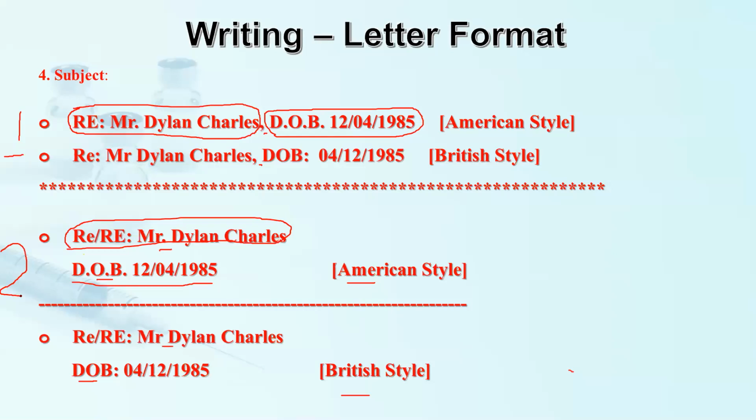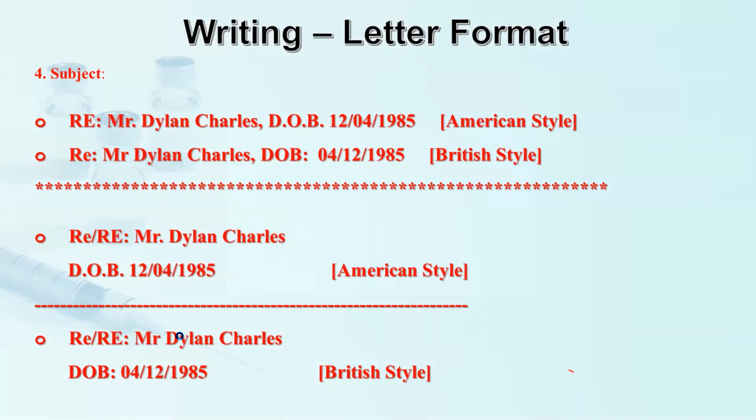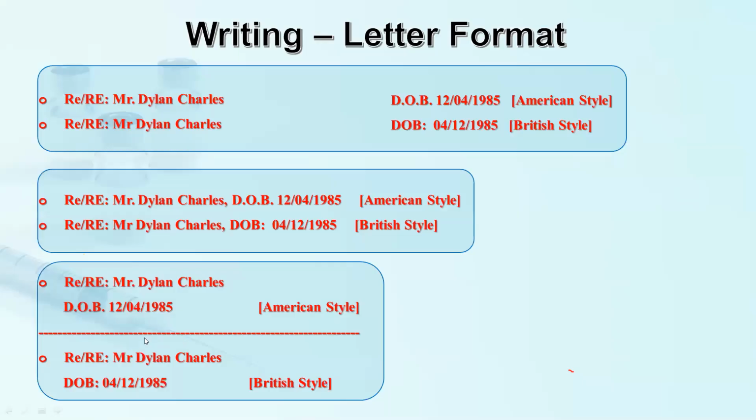The second option, the name of the patient above and date of birth under the name. The third one is to leave this long space between the name of the patient and date of birth. So this is the first one, the second one, the third one.